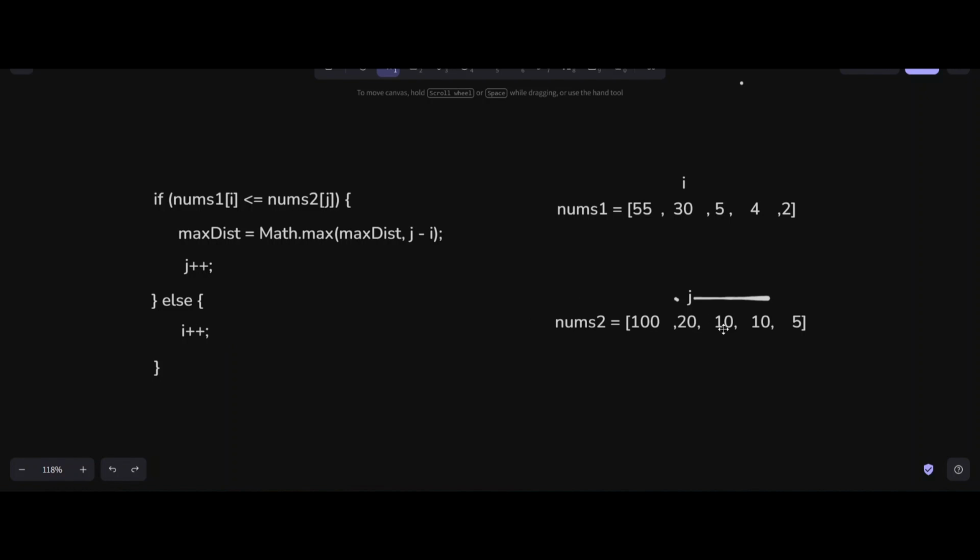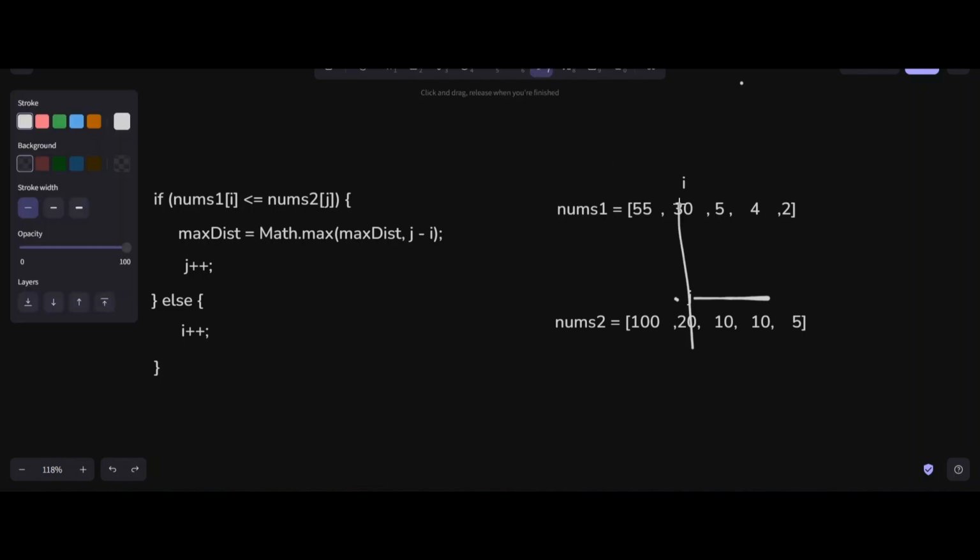Now we'll check again: let's think about it, is nums2 of j greater or equal to nums1 of i? No, it is not. Means what I can say is this 20 is not valid for this 30, so is there a sense going in the right direction of it?